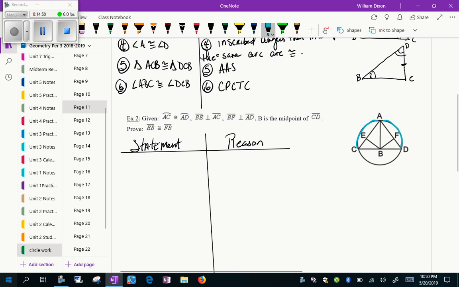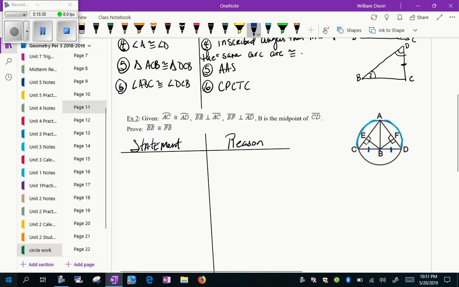It says BE is perpendicular to AC. So I'm going to mark that. And it says BF is perpendicular to AD. I'm marking that. B is the midpoint of CD. So immediately I'm going that CB is congruent to DB because of midpoint.